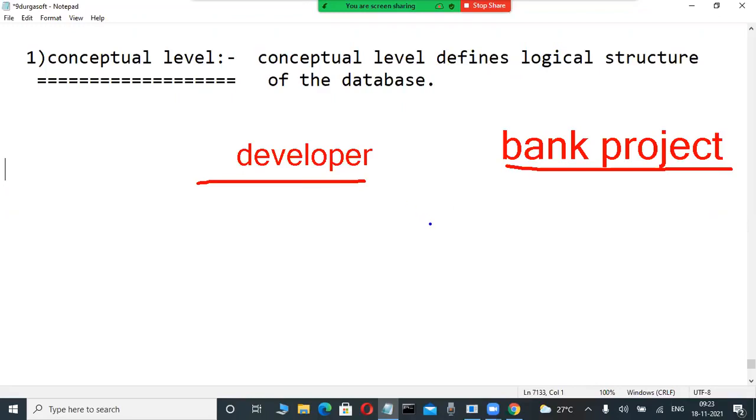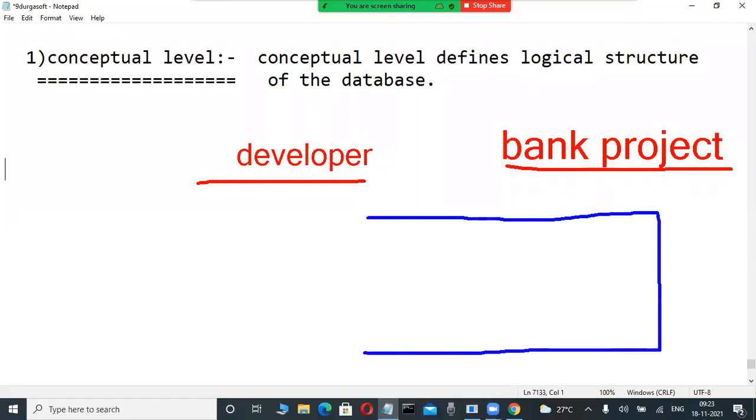But in that case, the senior-most developers define the logical structure first. Suppose for a bank, it is in table format. Only experienced people define the many tables, like customers coming into the bank, or account holders.